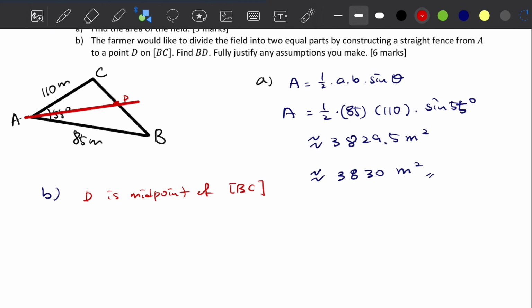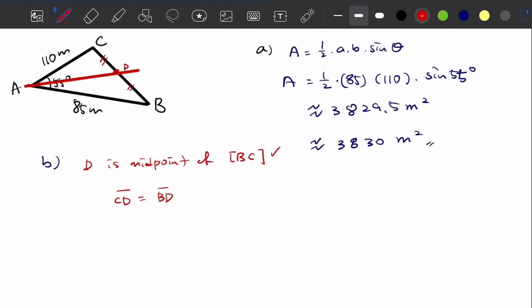Also I can say that the line CD and the line BD are equal to each other, right? Since it is the midpoint. This is another conclusion that I can draw from this statement. Then using the cosine rule, I can calculate the length of the line BC, right?